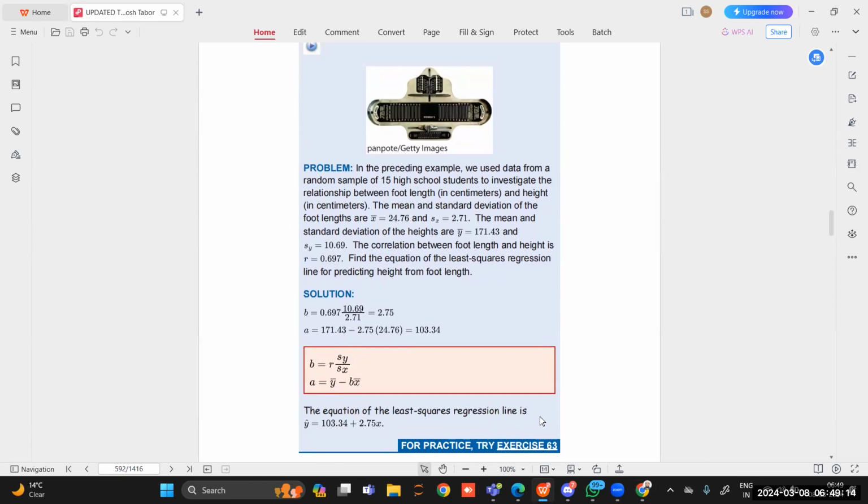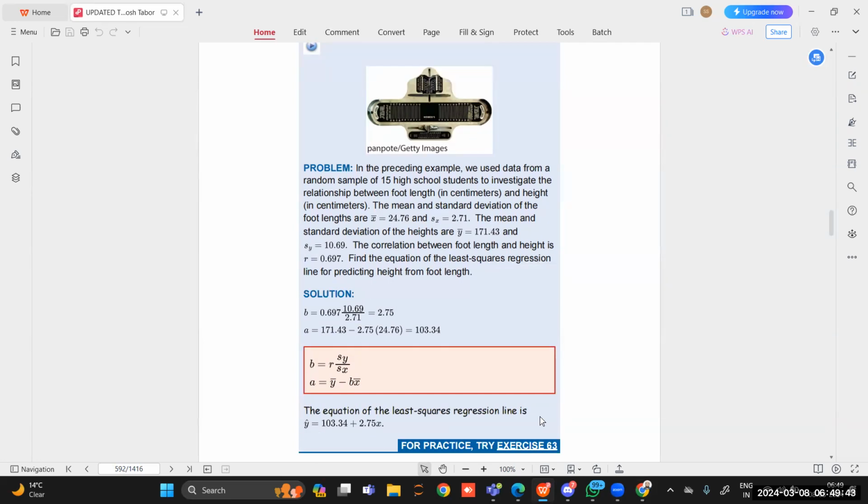Come on. What is the slope? The slope is 2.75. Yeah, correct.